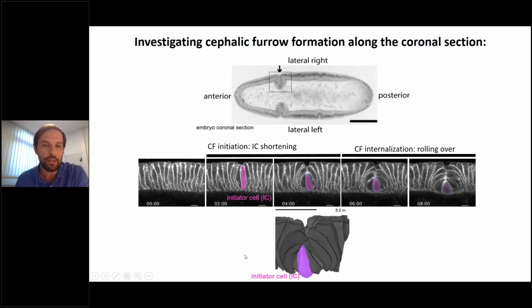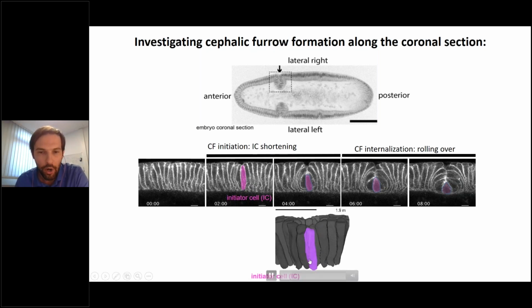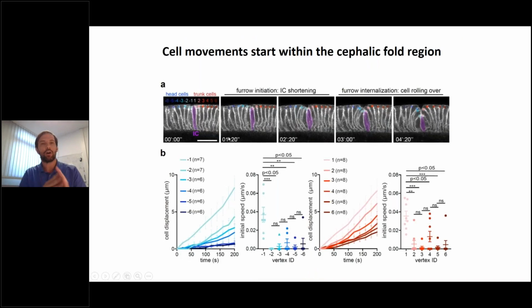What you can see here is a 3D segmentation of this process, where I'm showing you in pink the initiator cell, which is initiating the process of cephalic furrow formation. Anna has been quantifying the movement of these cells, and more specifically, she has been tracking the vertices of all these cells, starting from the initiator cells towards the head side or towards the trunk side.